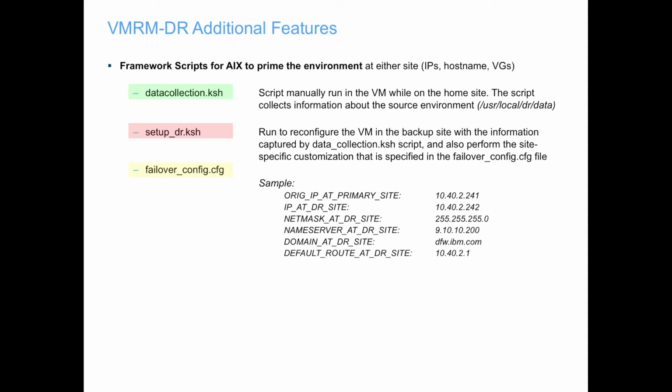It'll create a failover config file that you can go ahead and modify. So you could have that setup DR corn shell script go ahead and effectively prime the VM on boot so that it sets the network structure and the naming convention that you want for that VM whenever it comes online on the secondary location.